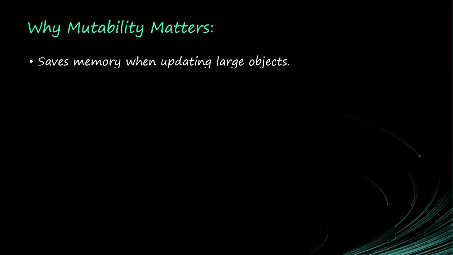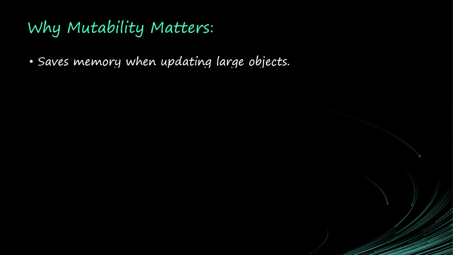So why is mutability important? It saves memory when you're updating large objects. Remember that when Python is modifying a primitive object, it is creating a new object. Just imagine that if it's doing that, more objects will be created in memory. Now imagine that we don't have reference types and you want to modify large objects.